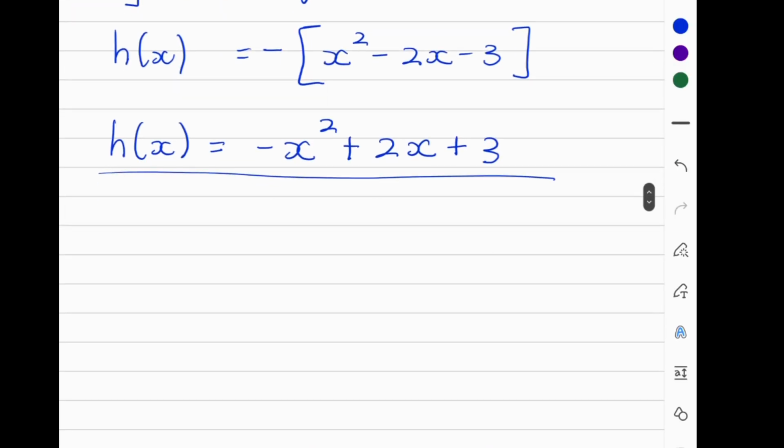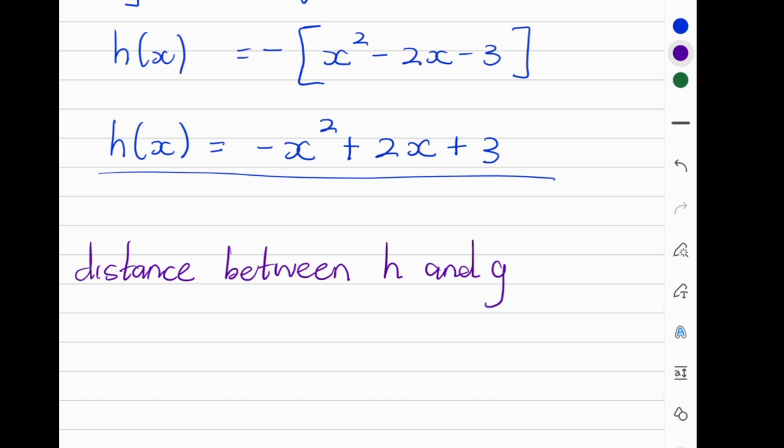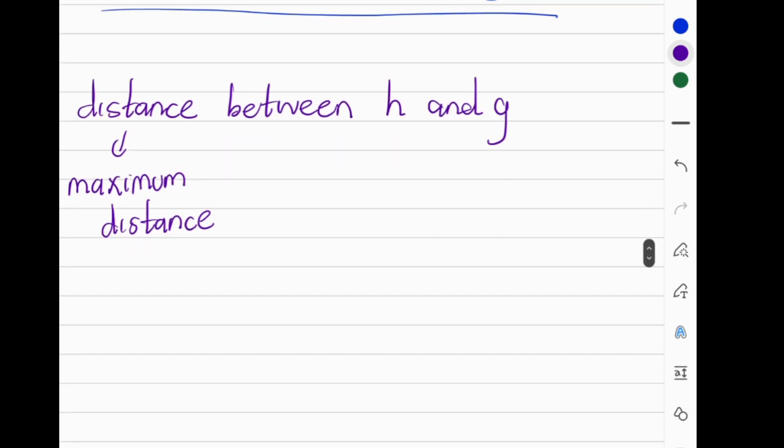So we want to determine the distance between h and g, but not just any distance. We want to determine the maximum distance, right? Remember, whenever you want to determine the distance of something, you say y top minus y bottom, right?